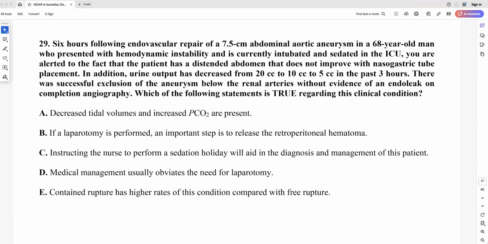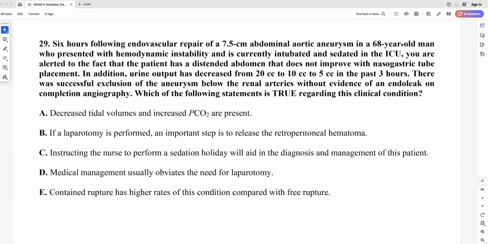Okay, take it. 6 hours following endovascular repair of a 7.5 centimeter abdominal aortic aneurysm in a 68-year-old man who presented with hemodynamic instability and is currently intubated and sedated in ICU. You are alerted to the fact that the patient has a distended abdomen that does not improve with NGT placement.